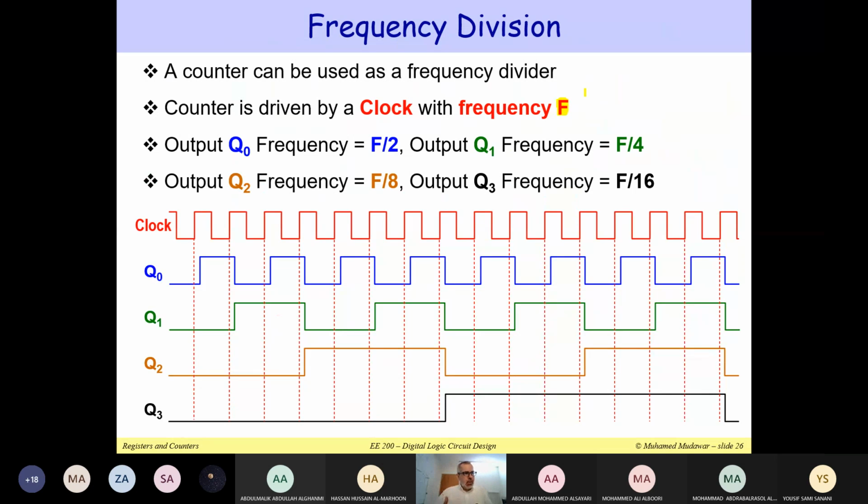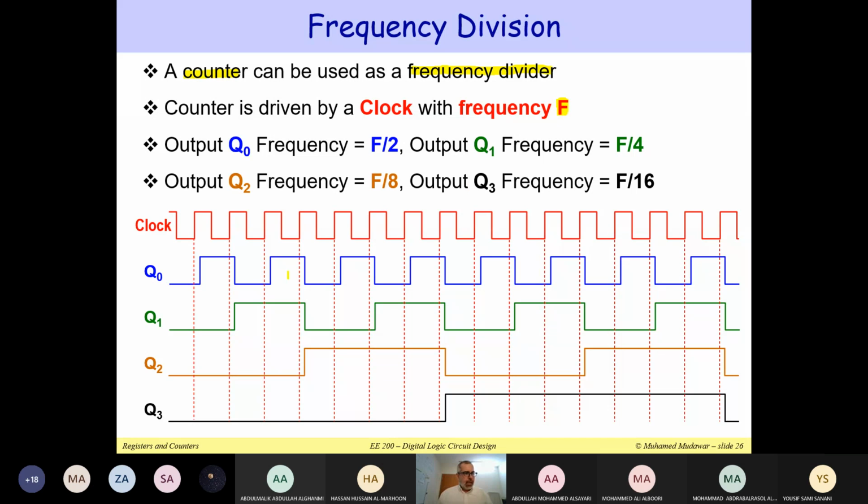Sometimes in a given digital system, you have a system clock, but inside your circuit, you don't want to use the clock frequency f because it is high. You want to use a lower frequency. So you can use a counter as a frequency divider.